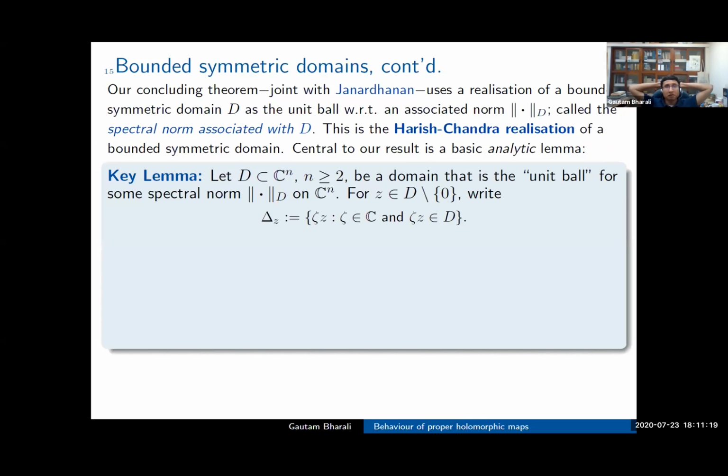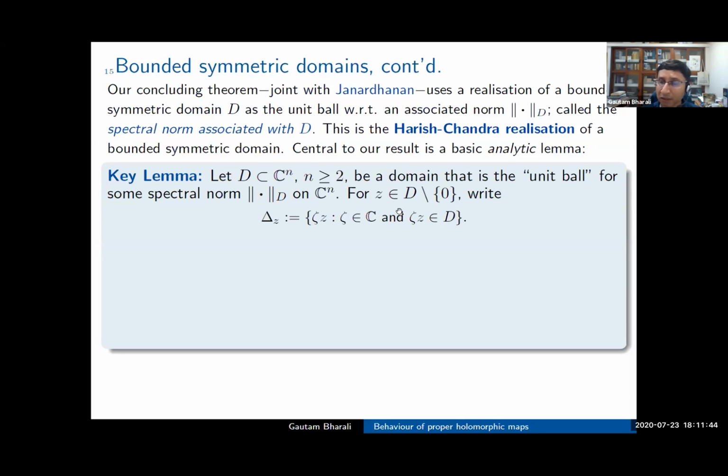So now here's the key lemma that delivers the whole result that I'm going to come to in a moment. This is an analytic lemma. This is really a result about the behavior of certain kinds of norms. So consider a domain D, which is the unit ball for a spectral norm.